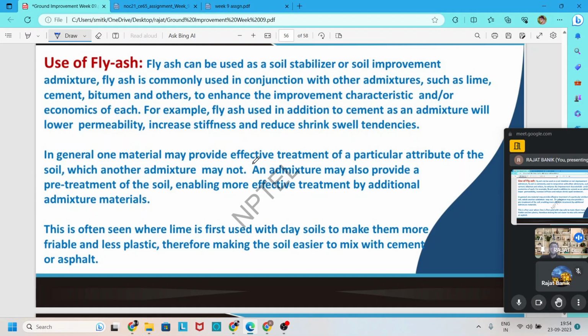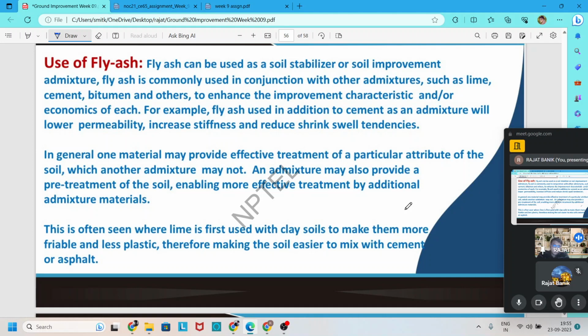For example, fly ash used in addition to cement as an admixture will lower the permeability, increase the stiffness, and reduce the shrink-swell tendency. So see, it is similar to lime and cement stabilization also. In general, one material may provide effective treatment of a particular attribute of the soil which another admixture may not.